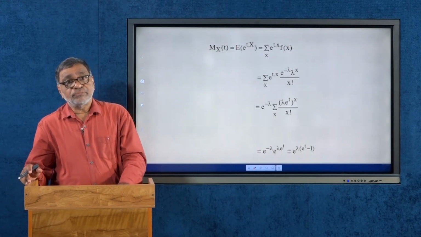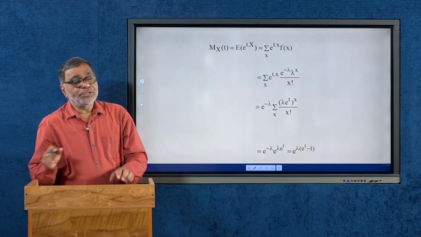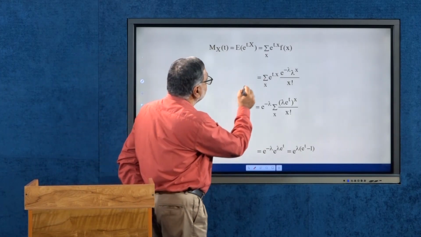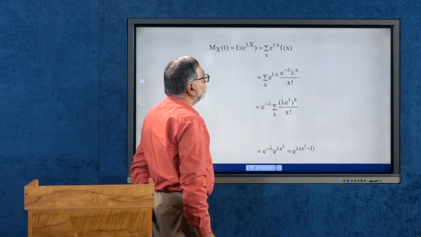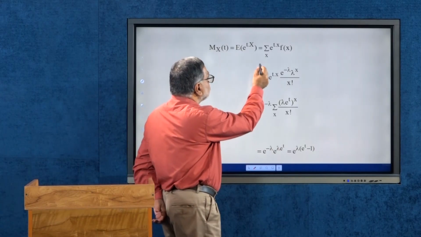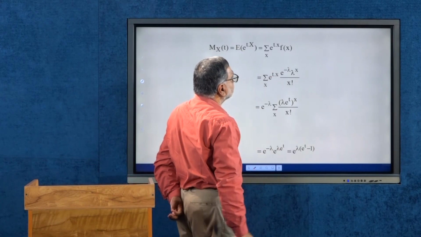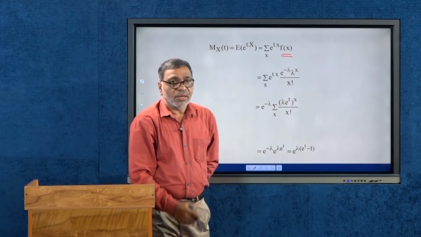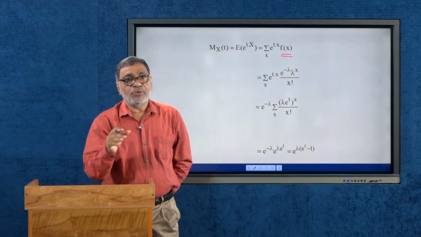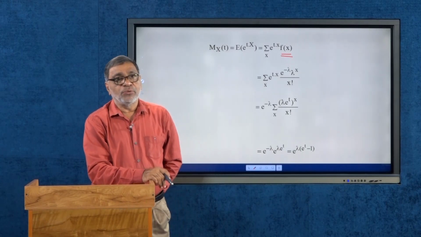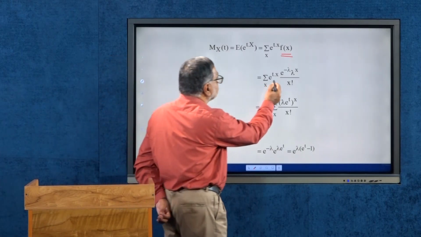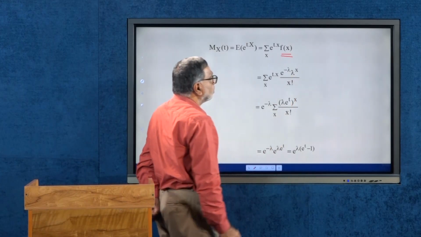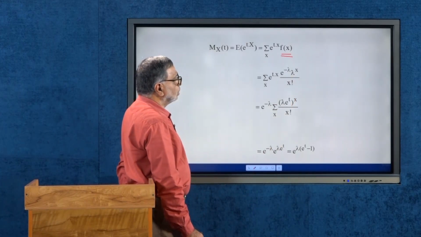The moment generating function M_x(t) is equal to the expectation of e power t x, that is equal to sigma over x of e power t x f(x), and now you substitute the f(x) value, that is the Poisson probability mass function value, e power t x e power minus lambda lambda power x divided by x factorial.